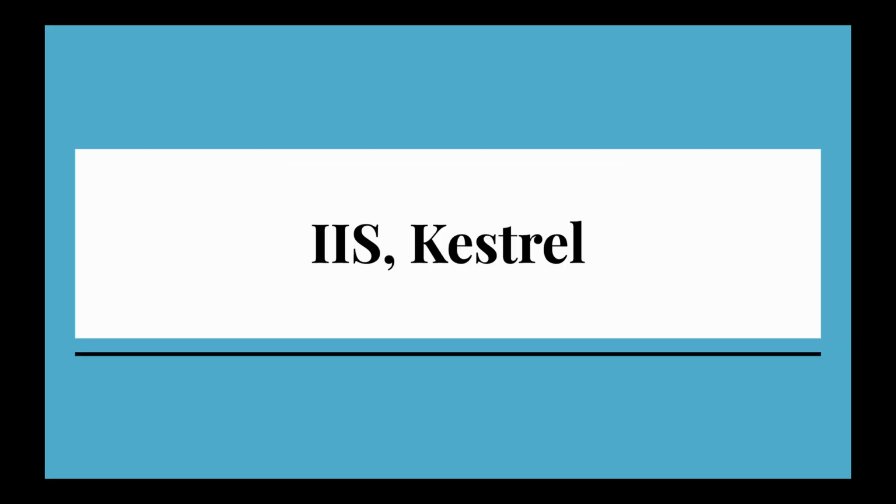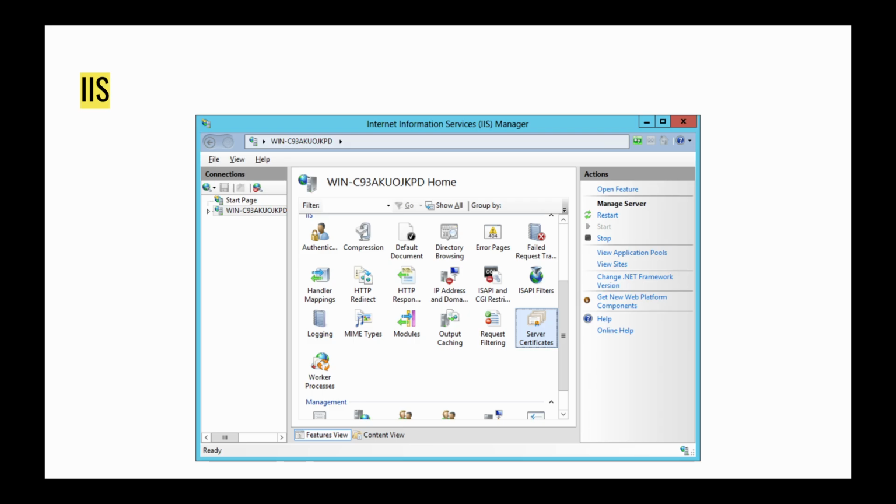IIS, Kestrel. IIS, Internet Information Services, is a set of servers for several Internet services from Microsoft. IIS is distributed with the Windows NT family of operating systems. The main component of IIS is a web server that allows you to host websites on the Internet.